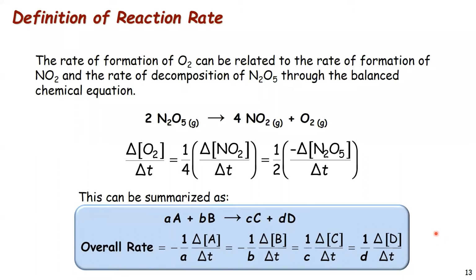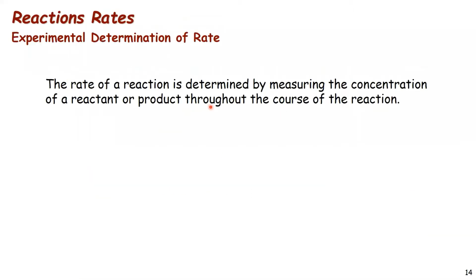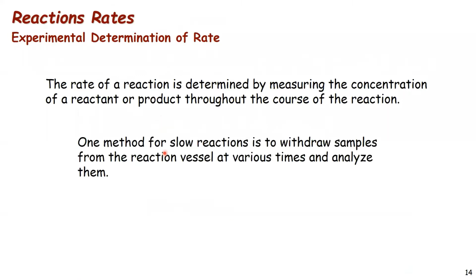Okay, so let's talk about how we experimentally determine the rate of a reaction. Well, we're going to do this by measuring an individual rate of the reactants and products, okay? And we're always going to do the initial rates. Now, there's a bunch of ways we could do it. We could either monitor the reactants or the products, or we could measure the whole thing by just measuring the pressure.